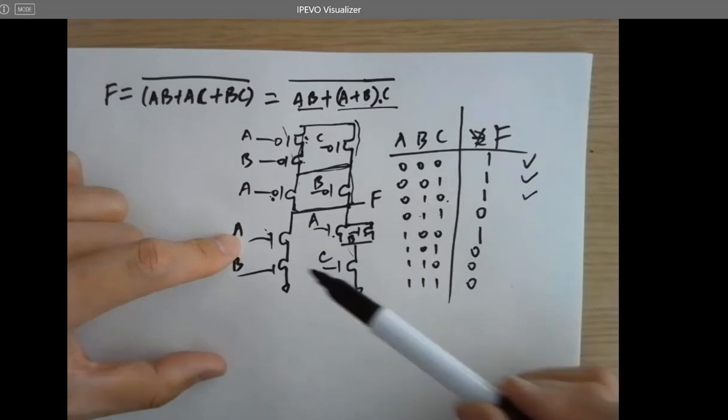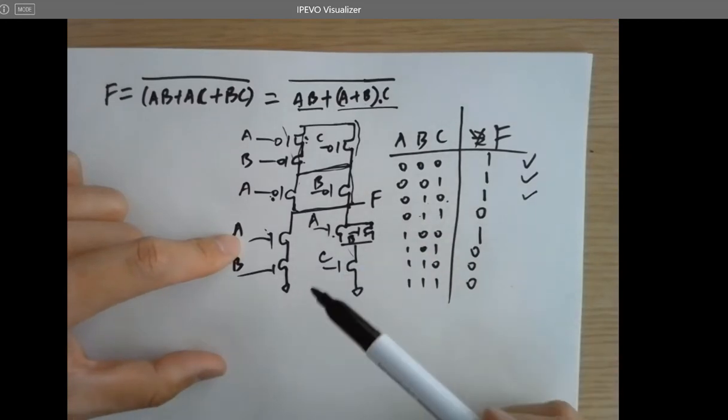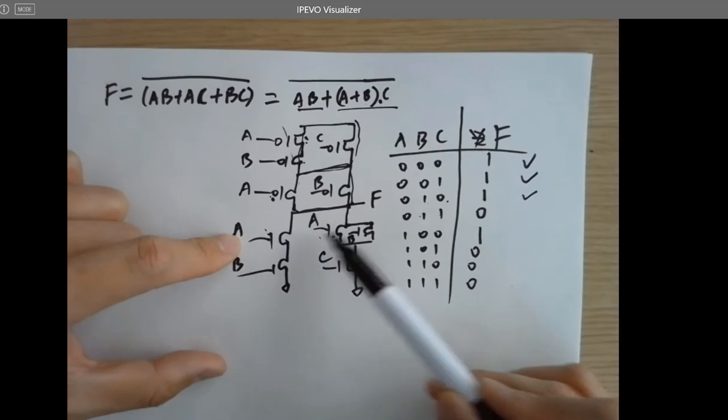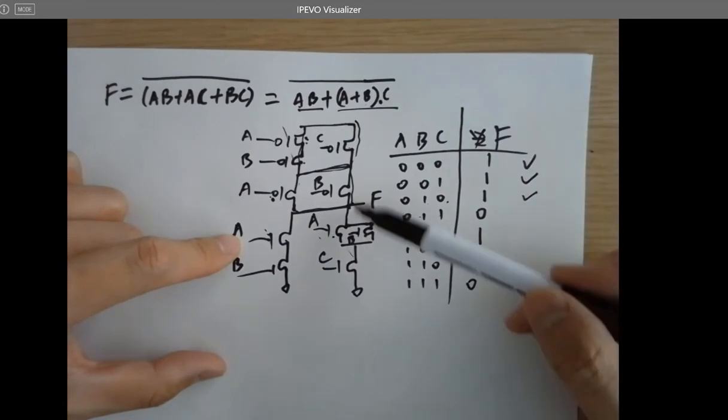But for 0, 1, 1 here, for the NMOSes, this channel is on. It's going to ground.